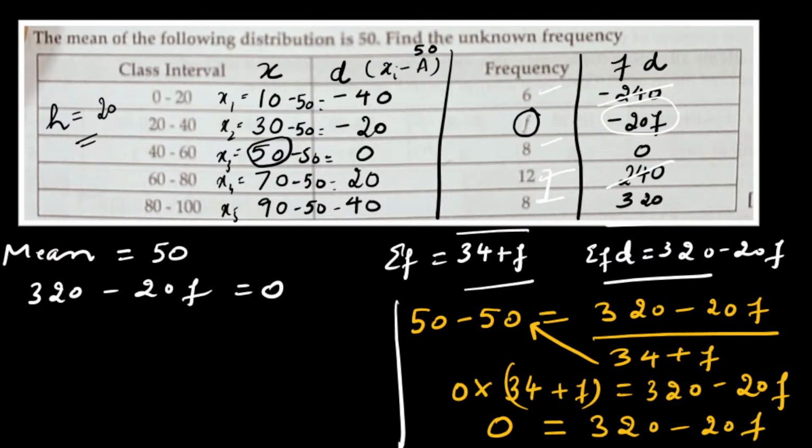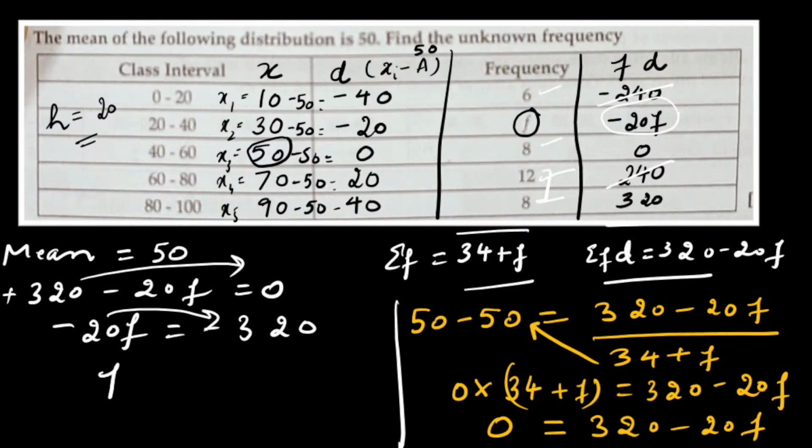Okay, Navya Shreyasi has found the answer also. Very good. Let's see. First of all, 320 will shift to the other side, so minus 320 it will become. So minus 20f is equals to minus 320. Now 20 also will shift to this side because we have to find the value of f. So minus 320 divided by minus 20.